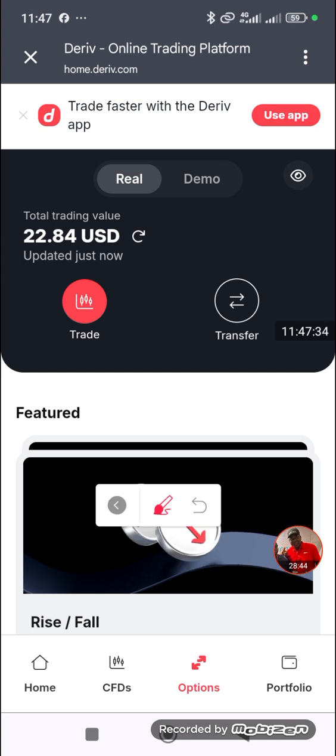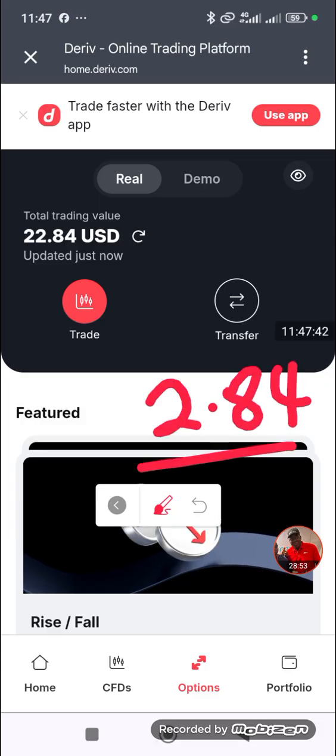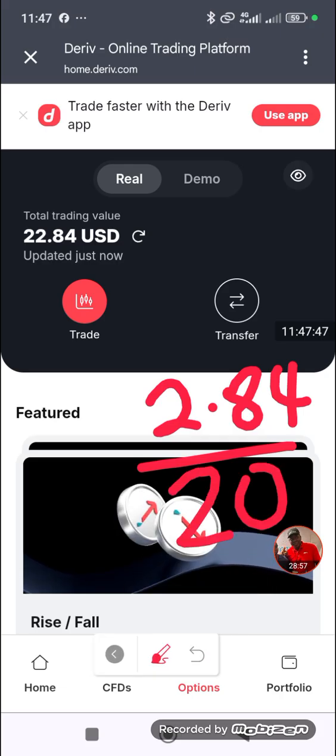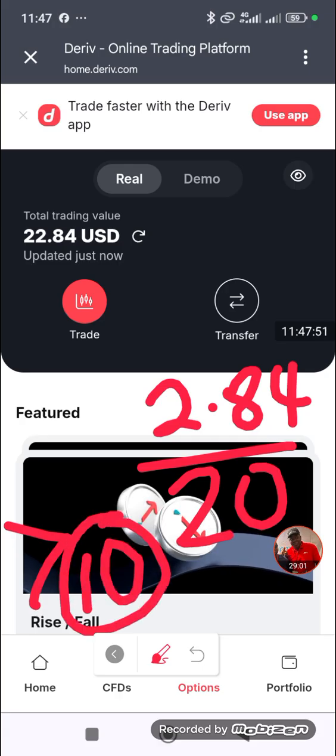So imagine I have $2.84 of $20. That's greater than 10%. And meanwhile, I did not trade with all the $20.